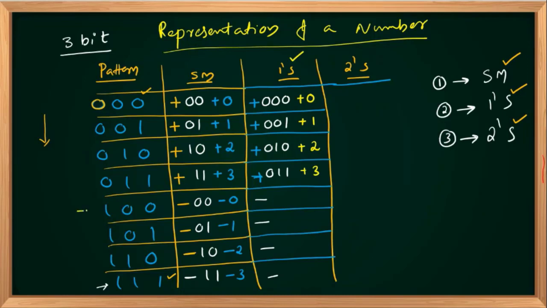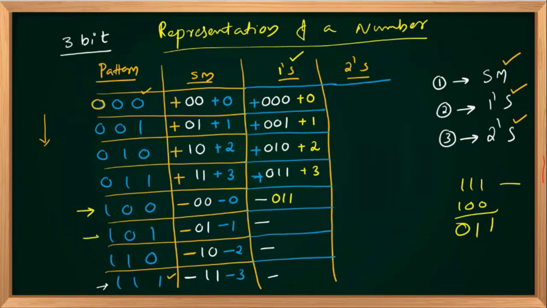The pattern here is 100, so I take its 1's complement, that is 011. Flip 1 to 0 and 0 to 1. That is 1's complement.